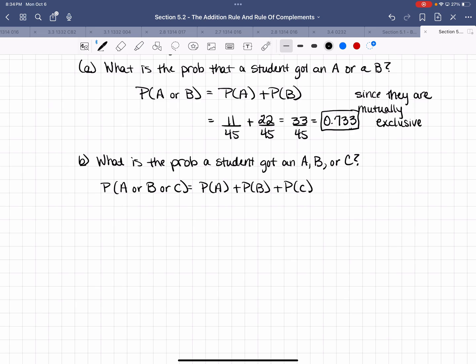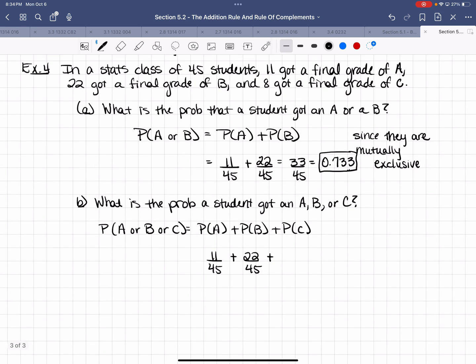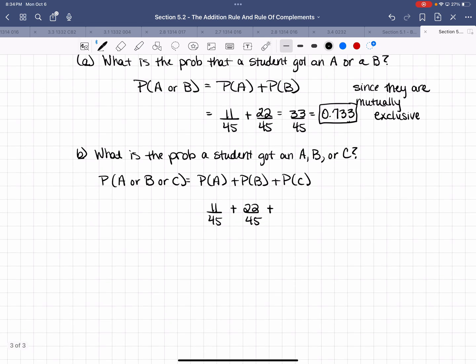Okay, so the probability of A again was 11 over 45, plus the probability of B was 22 over 45. And this time we're going to add the probability of getting a C, and 8 got a C. So that gives me 41 over 45.